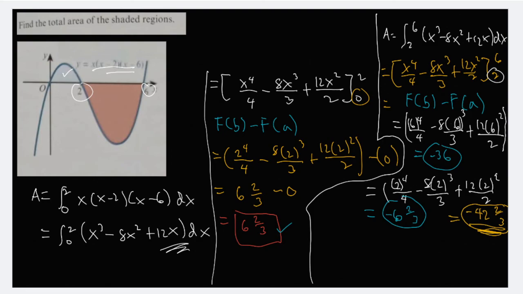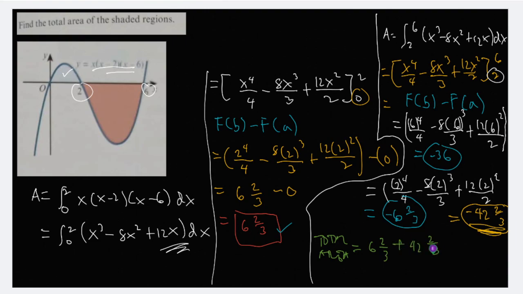To finalize our answer on this problem, the total area will be equal to the blue one, the first one, the upper part of the x-axis, which is 6 and 2/3, plus 42 and 2/3.